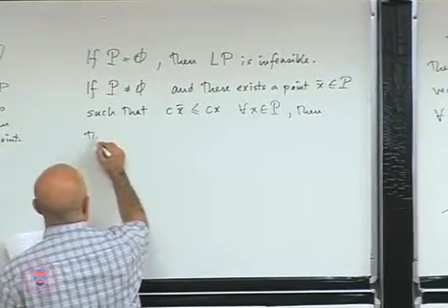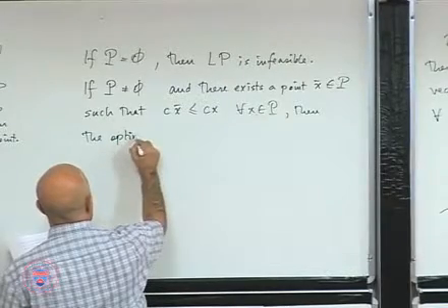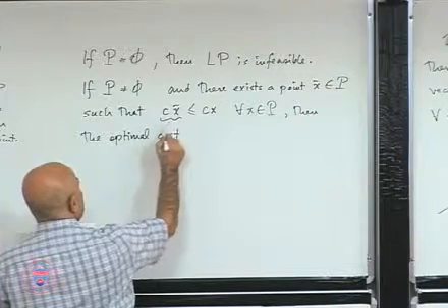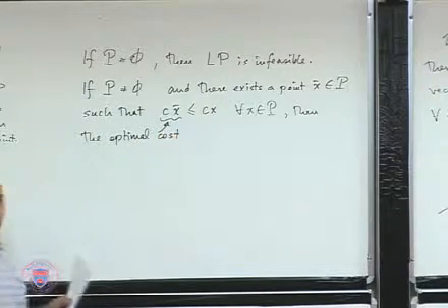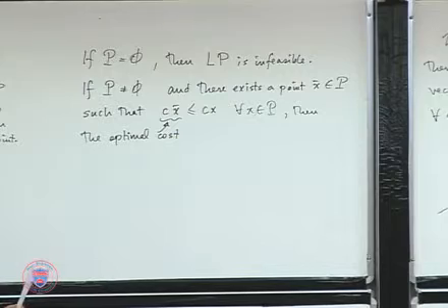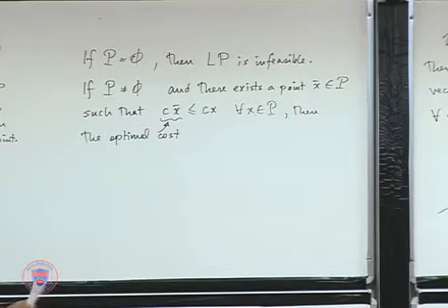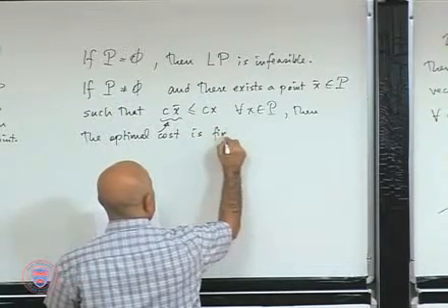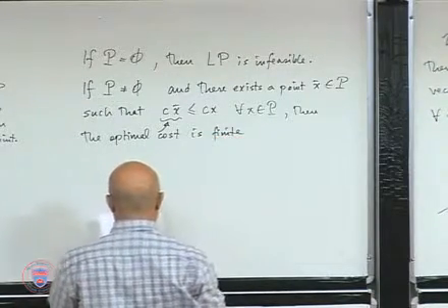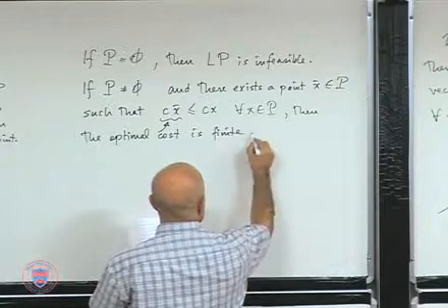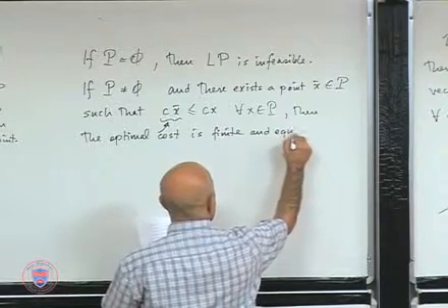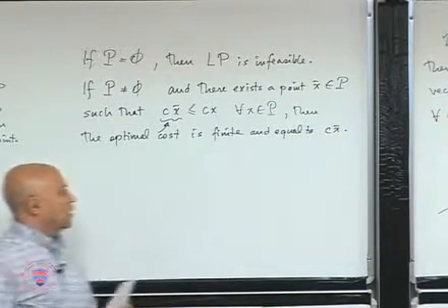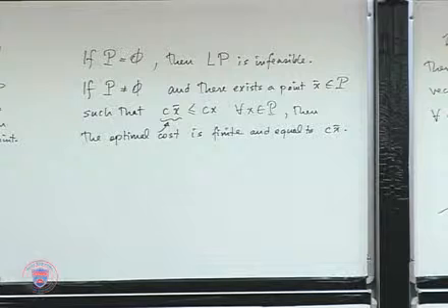So then the optimal cost, what is the optimal cost? It's this value. The value you get from the dot product of c with x bar, okay? That number, the optimal cost, is finite, and is equal to whatever you get from an optimal solution.